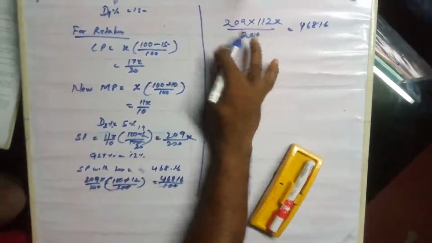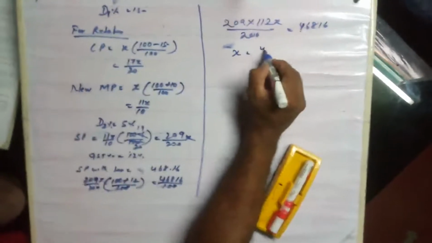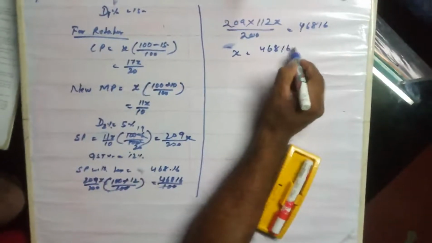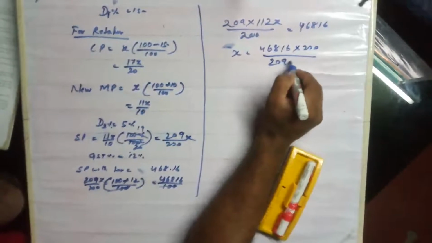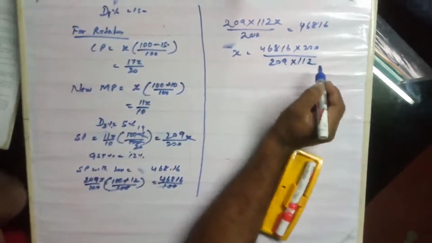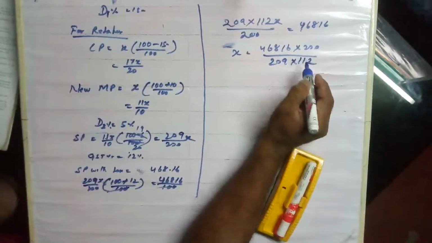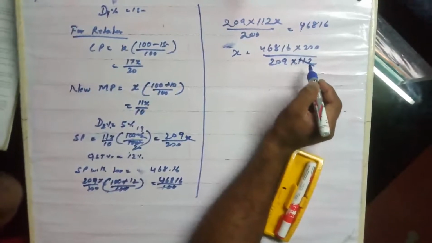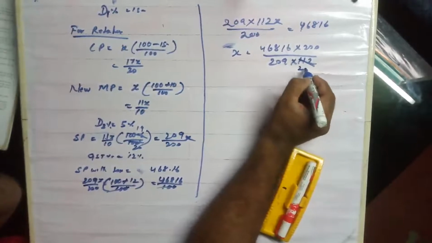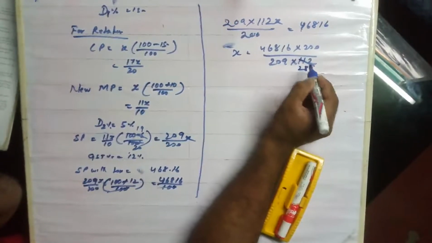X is equal to, just take everything to that side, 46816 into 200 by 209 into 112. This is possible to cancel by 4. First you cancel, it is possible by 4. 4 2s are 8, 4 8s are 32.